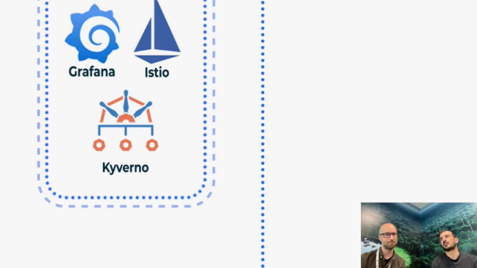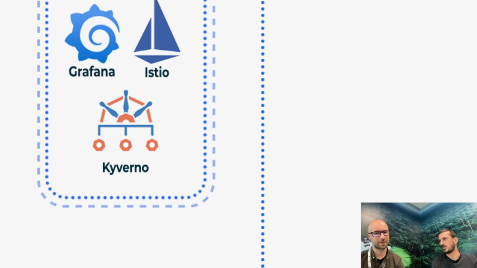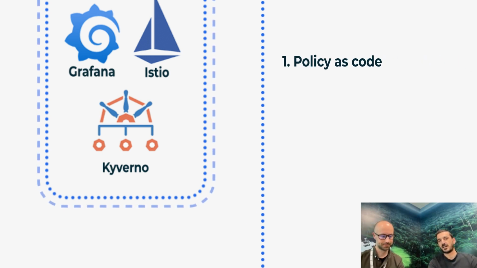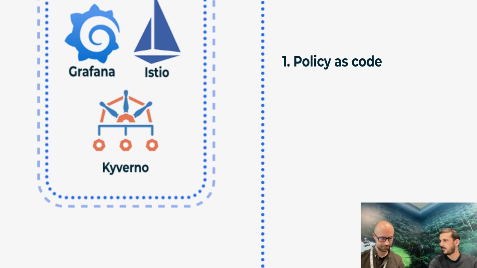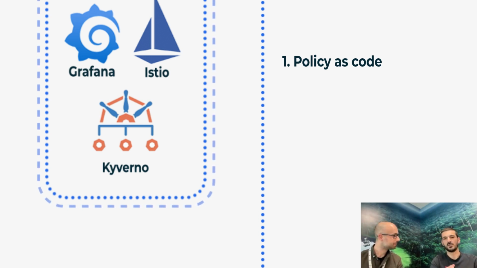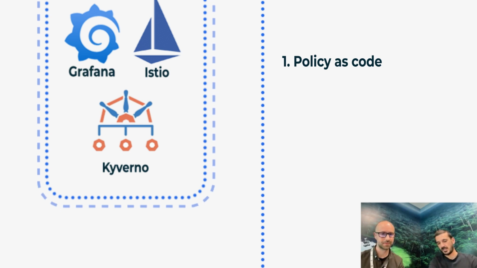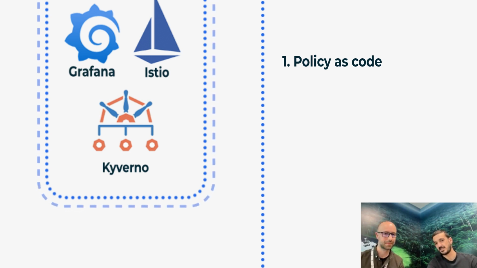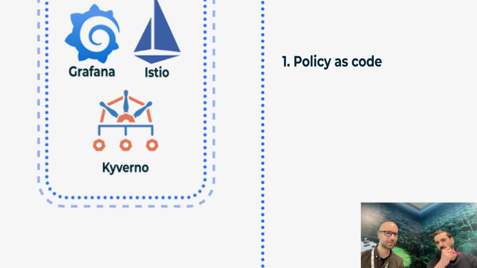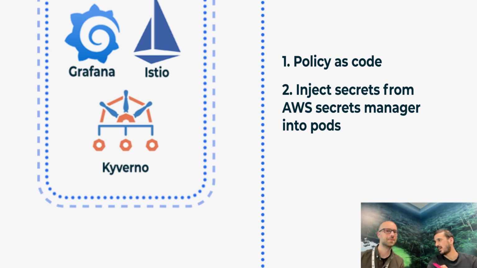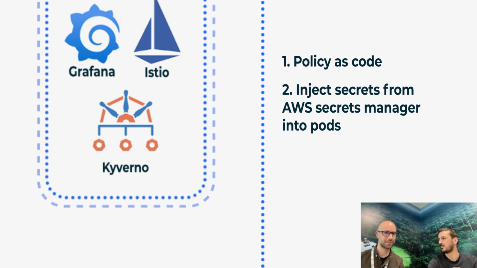Kyverno is policy as code, basically. It helps you implement policies within your ecosystem. For example, in this case we've used Kyverno's mutating policy to inject secrets from AWS Secret Manager into pods.